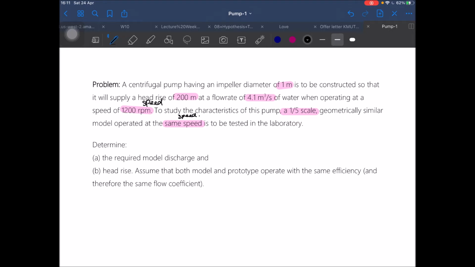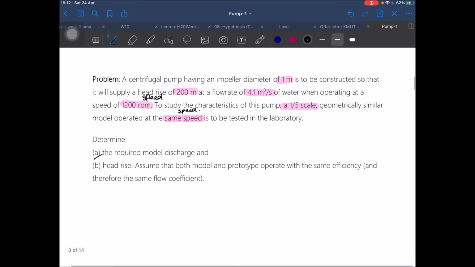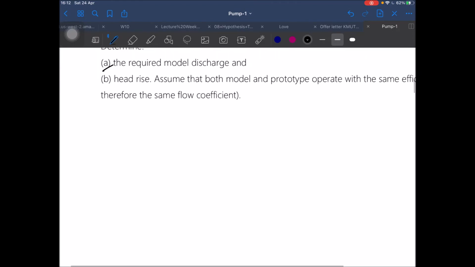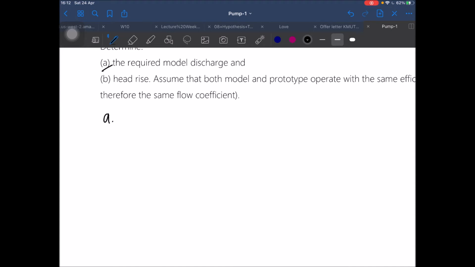So now we have 1A, determine the required model discharge. So we have the model pump that must operate at the same flow coefficient, so we have a new formula that we're going to face today, not to study. So now we find the required model discharge.